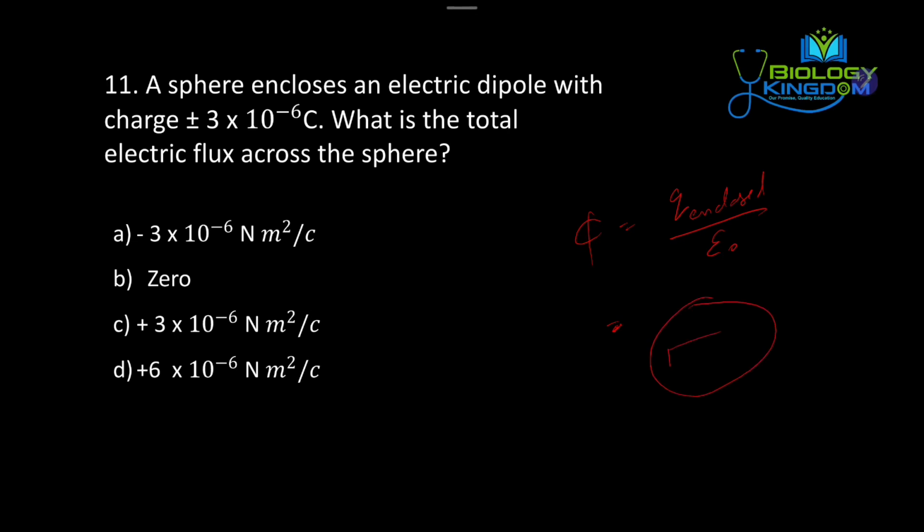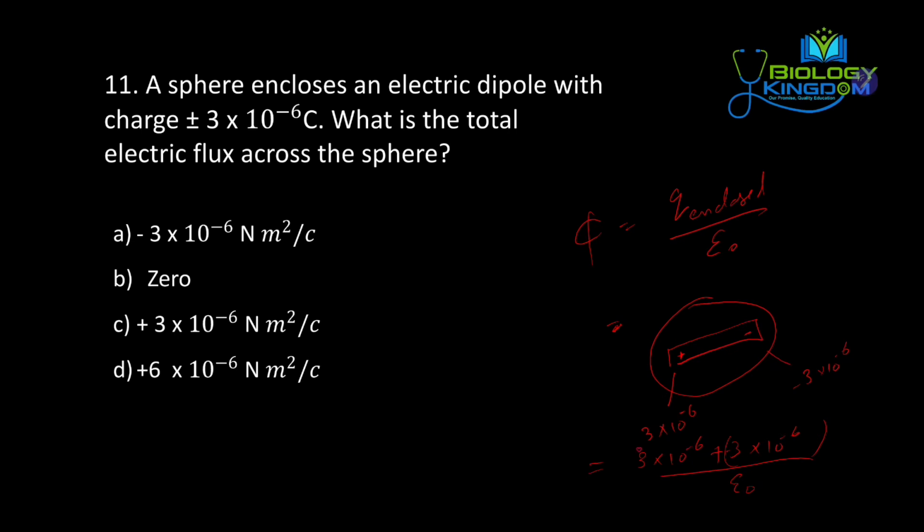A sphere contains an electric dipole, and the charge for the positive side is 3 into 10 raised to power minus 6, and the charge for the negative side is minus 3 into 10 raised to power minus 6. So the total charge enclosed is 3 into 10 raised to power minus 6 minus 3 into 10 raised to power minus 6, divided by epsilon naught.